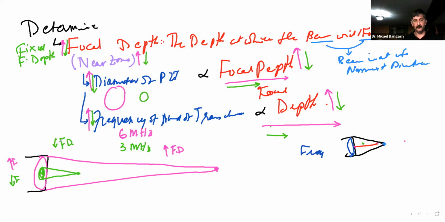Because here we can say, if this distance here was at a depth of, let's say, 8 centimeters, that could have been at a distance of 4 centimeters, for instance.